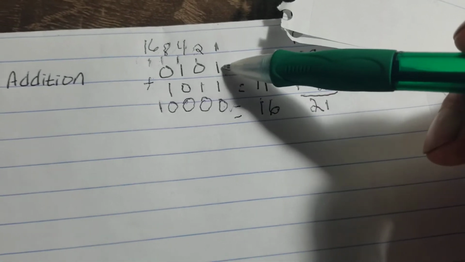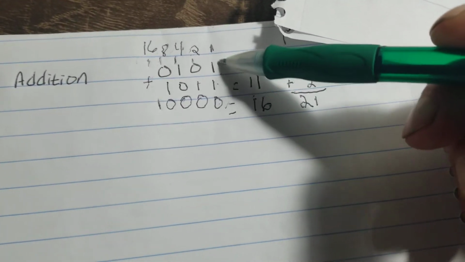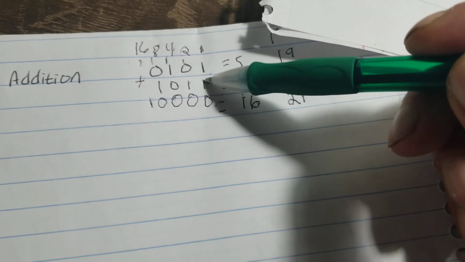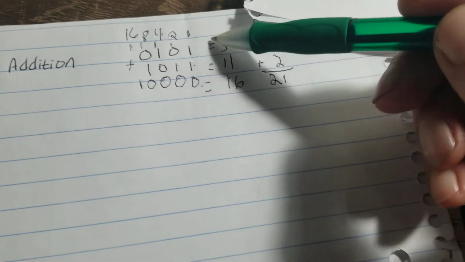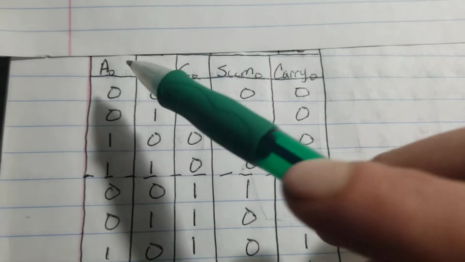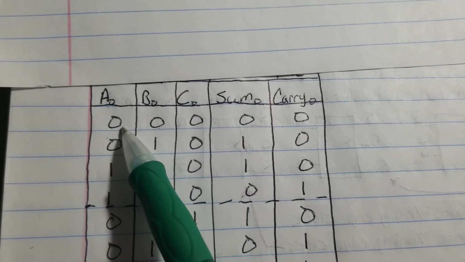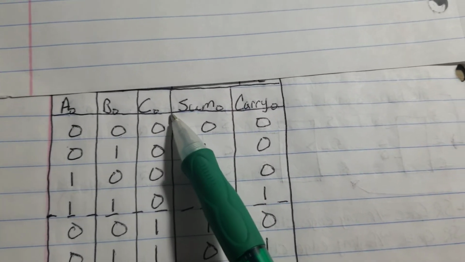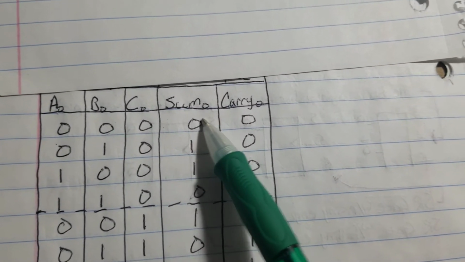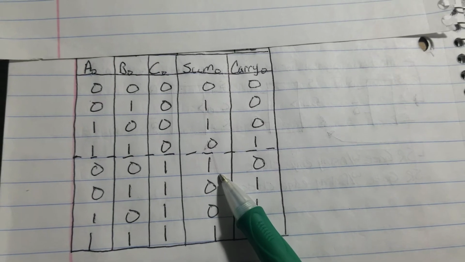This would be A, this would be B, even just this digit and that digit. This digit's A, this digit's B. The C would be whatever carry we might have, up top here. That's what the A, B, and C are here. And look and see what happens here. So if A is 0 and B is 0 and we have no carry, the result of that is going to be a 0, and we're also not going to carry anything, and so on. And so this is what the truth table for that looks like.